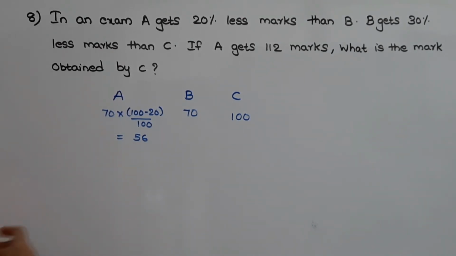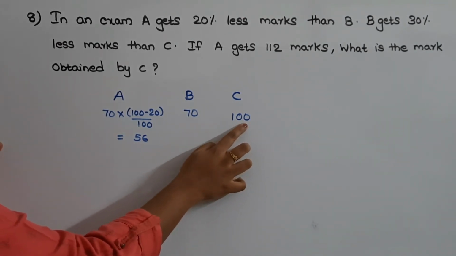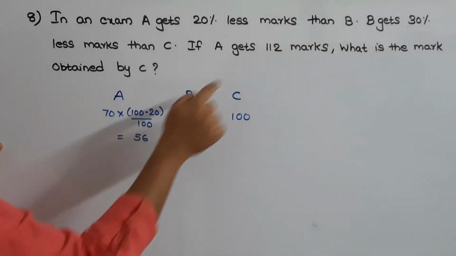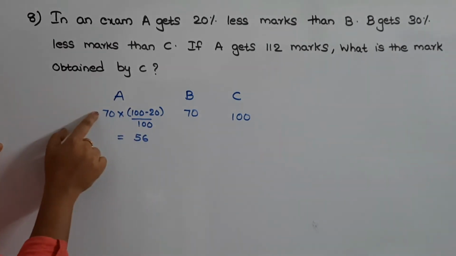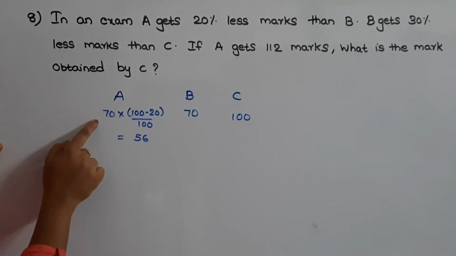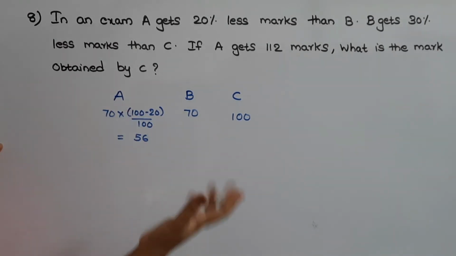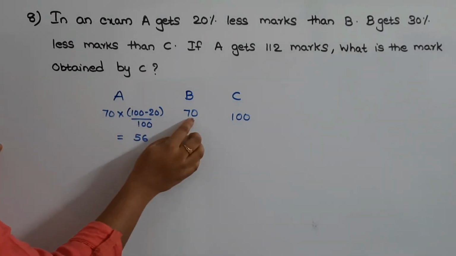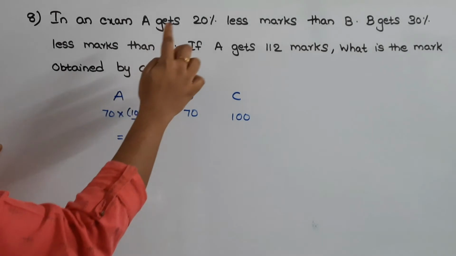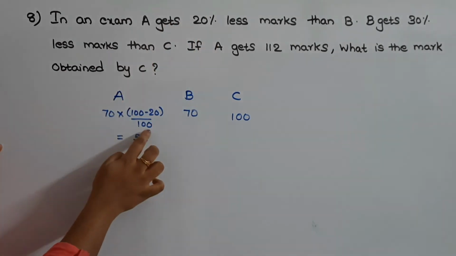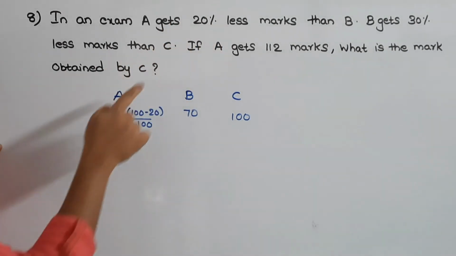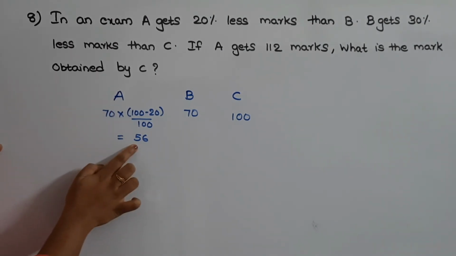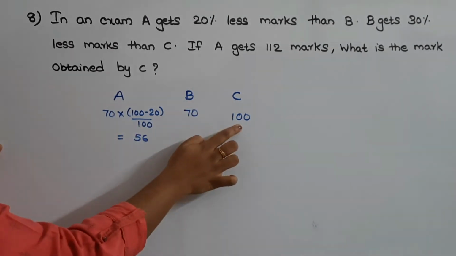Since the base was 100, we can write the marks of B as 100 minus 30 directly. But here in order to find out the mark of A, the base mark is not 100, it is 70. So A's mark will be equal to 70 into 100 minus 20 by 100. Since it is less, we have to do 100 minus 20. Okay, so the mark of A is 56 when the mark of C is 100.